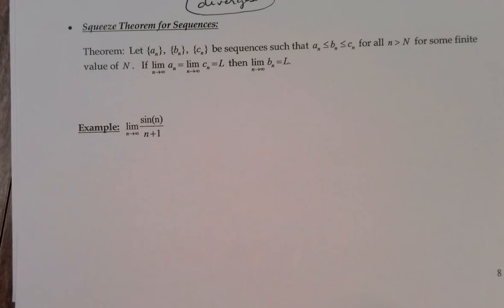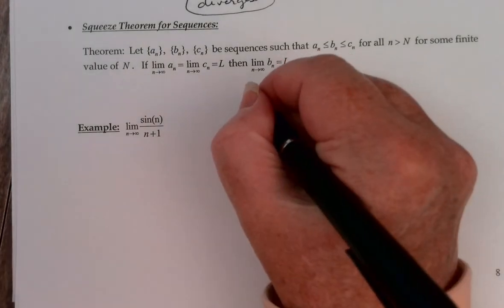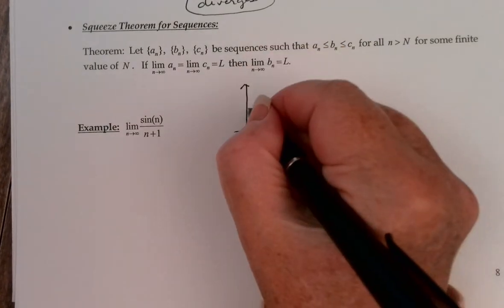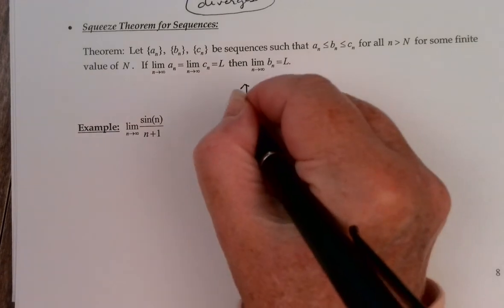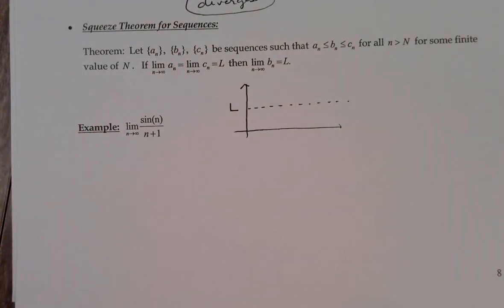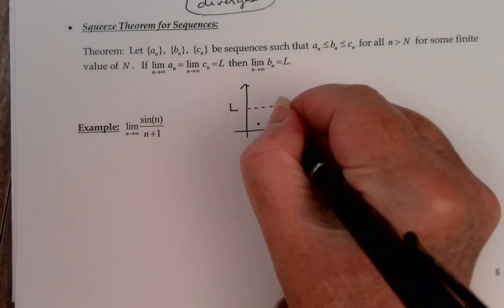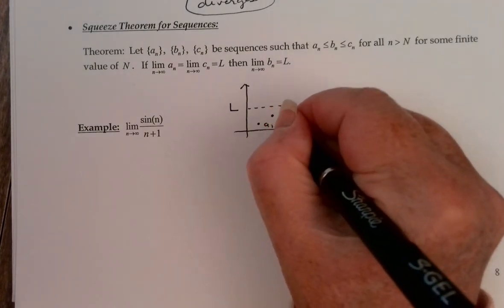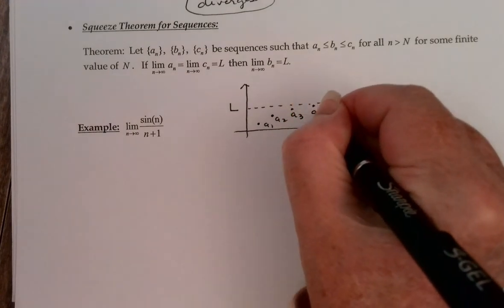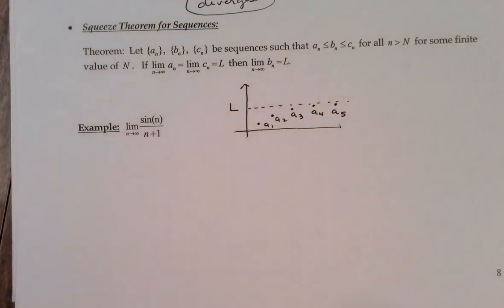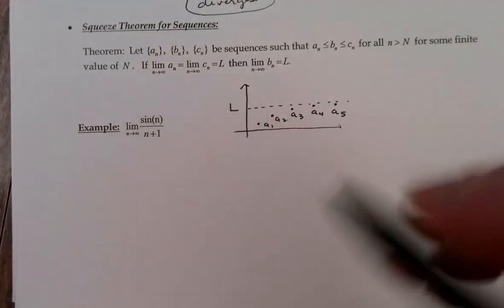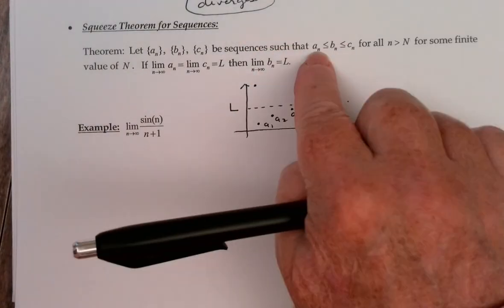If you think about that one graphically, it's fairly easy to see. Let's say that that limiting value L is right here. And I know that the limit of the A's is L, so let's just say these are the A's. I'm going to show them approaching L. And then the limit of the C's also has to approach L. So I'm going to put these up here since the C's are bigger than the A's.